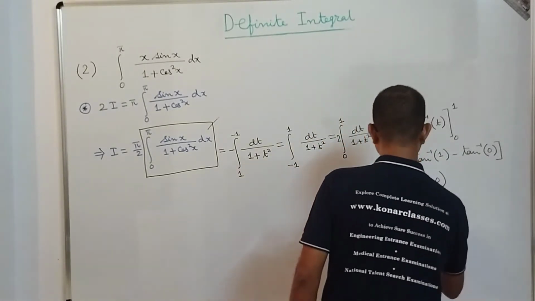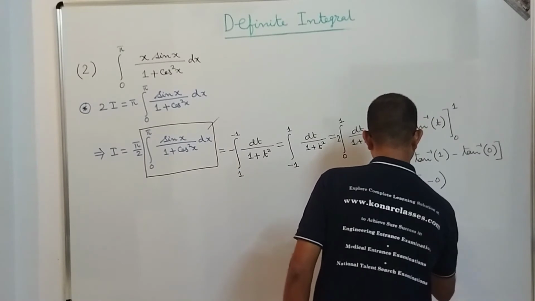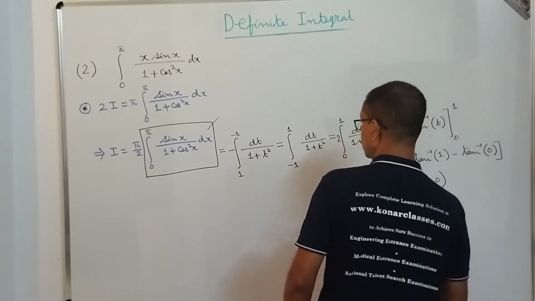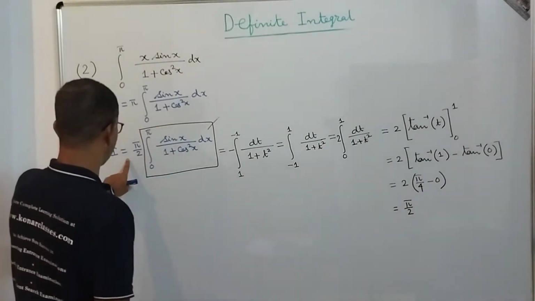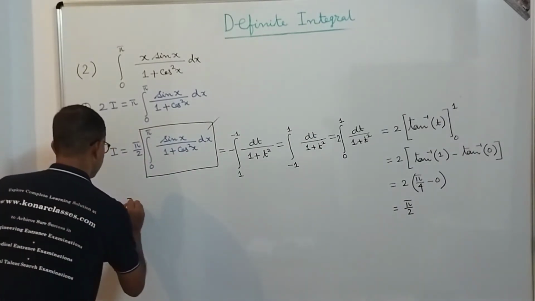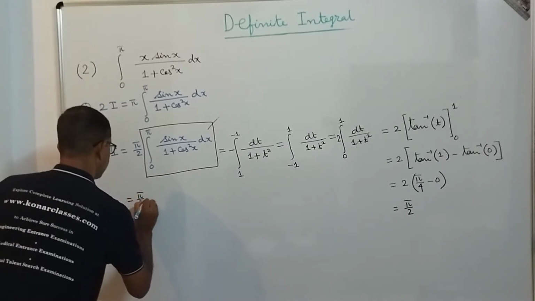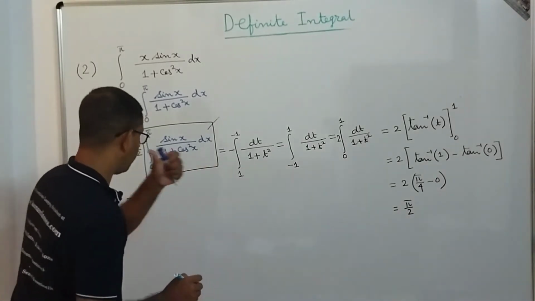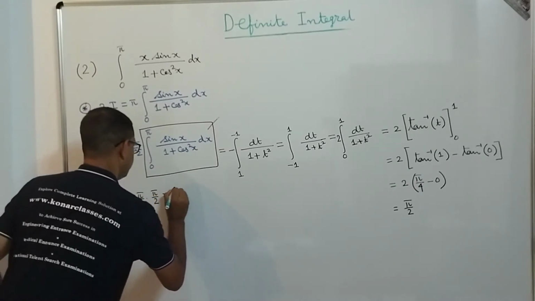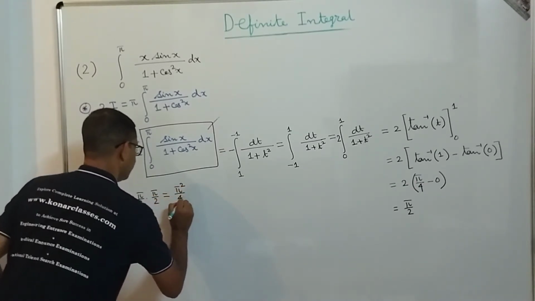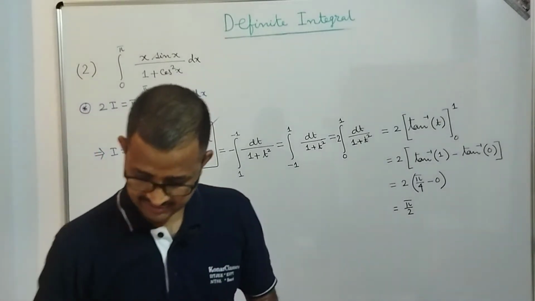We get the value of this integration equal to pi by 2. So this integration value we get is pi by 2. So our original integration value will be what? Pi by 2 into pi by 2, so that is equal to pi square divided by 4. Clear?